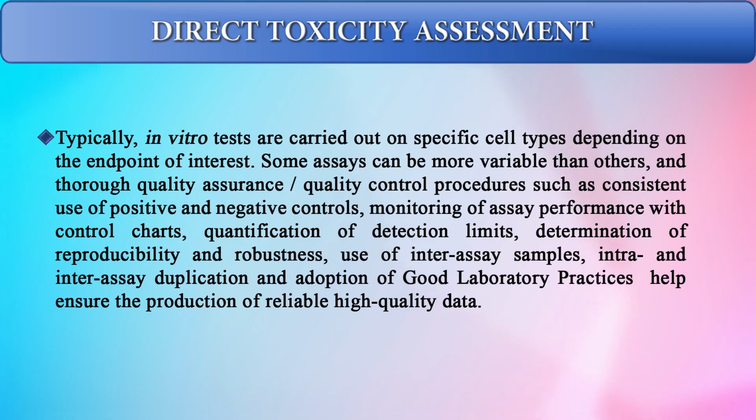Some assays can be more variable than others, and quality assurance and quality control procedures such as consistent use of positive and negative controls, monitoring of assay performance with control charts, quantification of detection limit, determination of reproducibility and robustness, use of inter-assay samples, intra and inter-assay duplication and adoption of good laboratory practice help ensure the production of reliable high quality data.